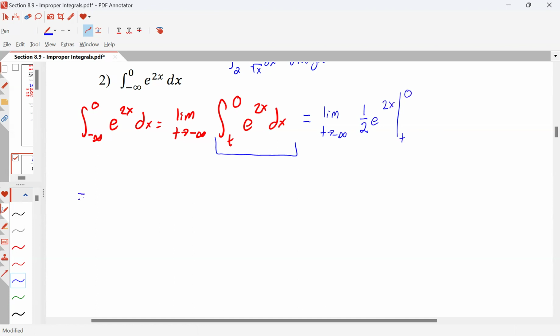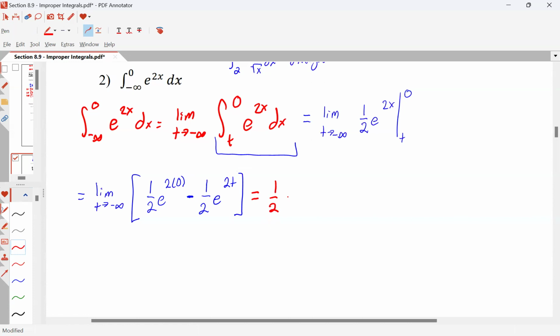Plugging in our bounds, our upper bound of 0, we have 1/2 e to the 2 times 0, minus 1/2 e to the 2t. e to the 0 is 1.